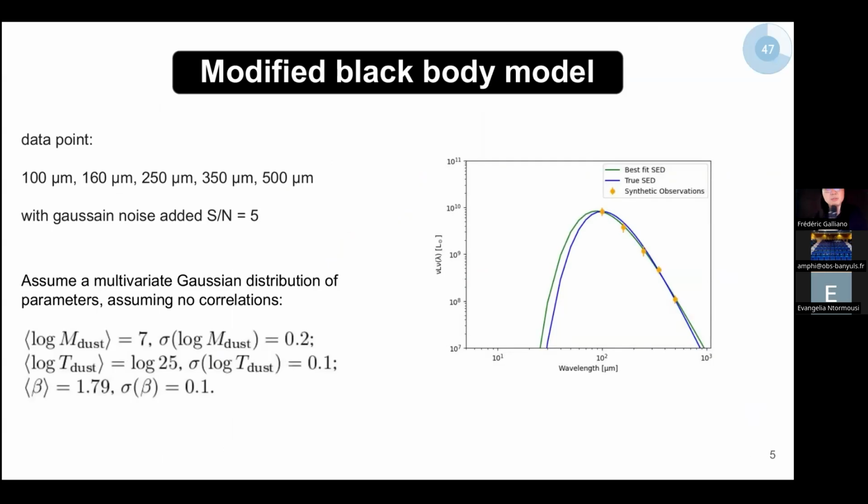As an example of fitting observed data, we give 5 artificial data points with random Gaussian noise, under the assumption of no correlation between parameters, which are Gaussian distributed. We can then give a best fit according to our observations.